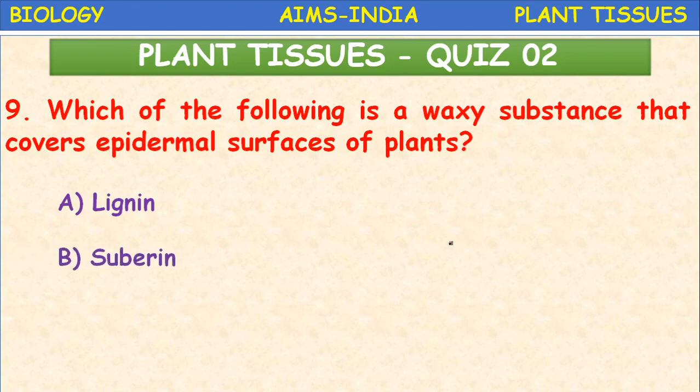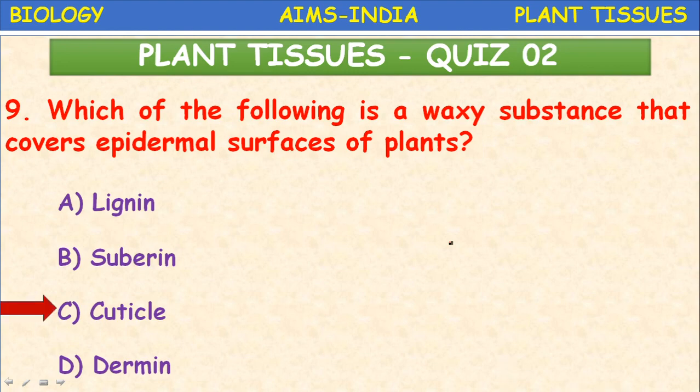Lignin, suberin, cuticle, dermin. What is that material? What is that substance? What is that layer? Cuticle. The material actually here, cutin, cutin. Cutin is the material and the substance. Okay children.